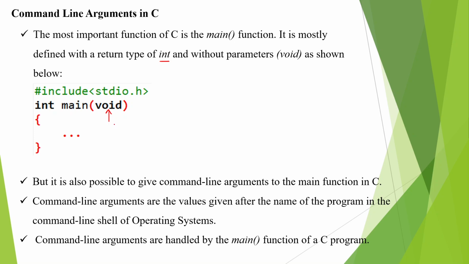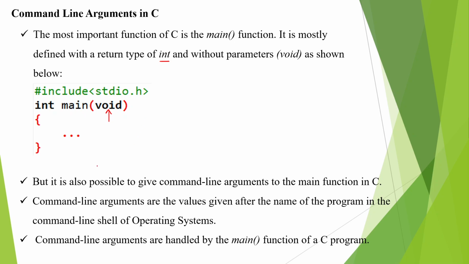From where can we give the actual parameters to main, because calling main is not in our control? We said many times the operating system itself will call main, and the operating system has the capability to send parameters to the main function. That is what we are going to see in today's topic: how to call a main function manually, how to send parameters to main manually, and how to receive those parameters in the main function definition in our program.